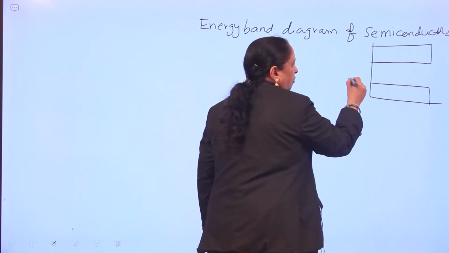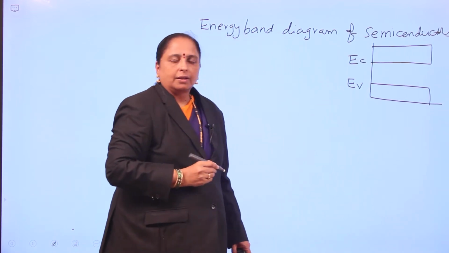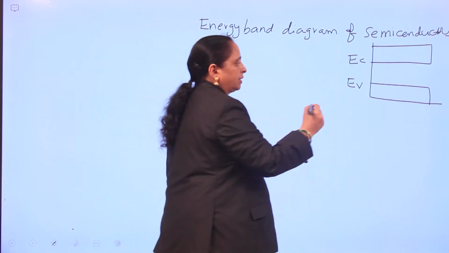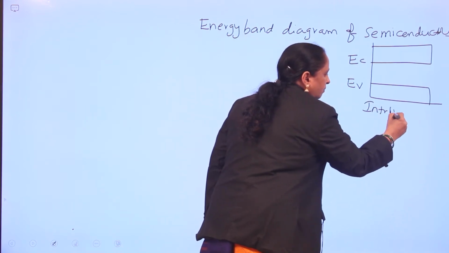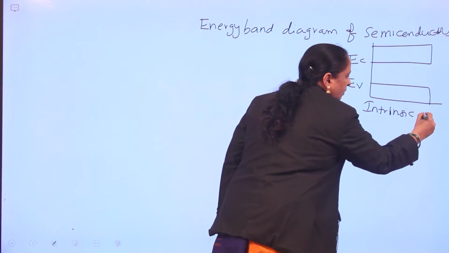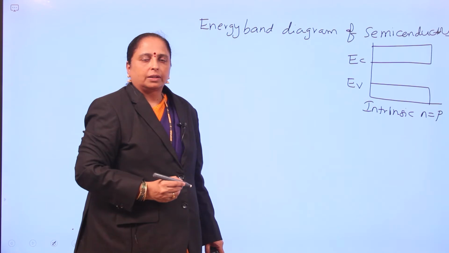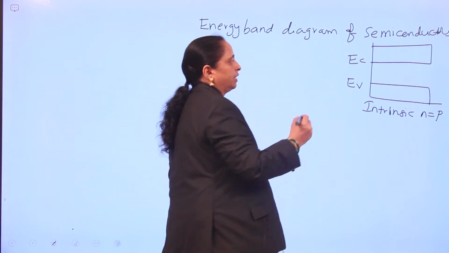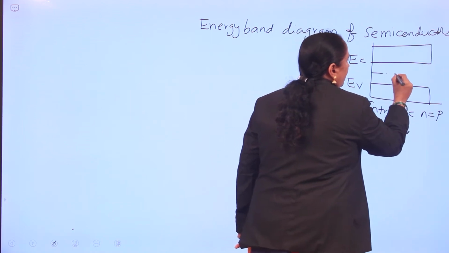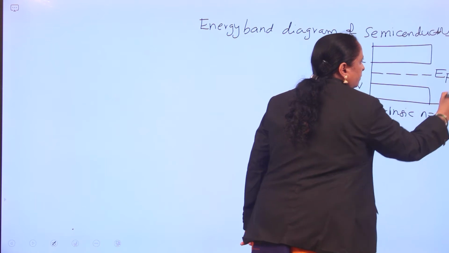This is the valence band. This is the conduction band. In an intrinsic semiconductor, n is equal to p, that is, the number of electrons is equal to the number of holes. The number of negative charges is equal to the number of positive charges. Therefore, the Fermi level is in the middle of the forbidden gap.